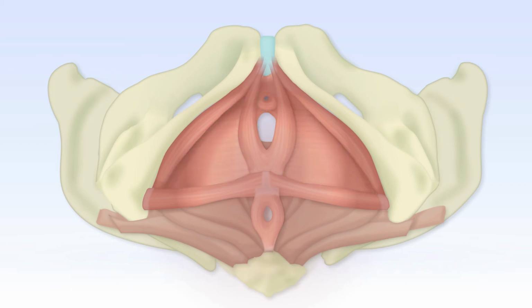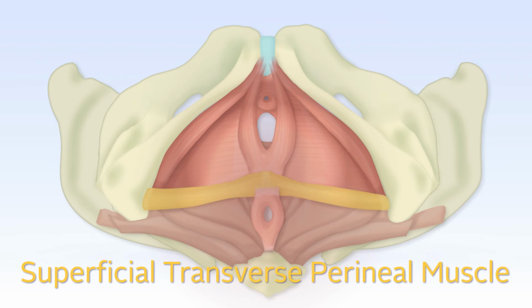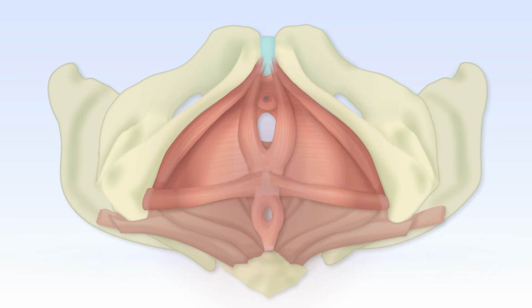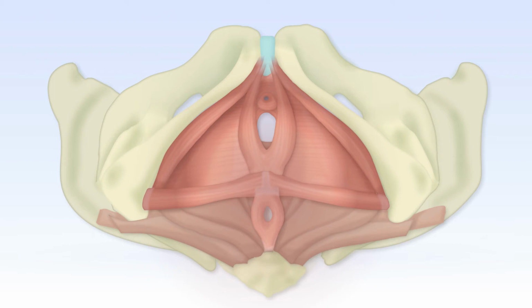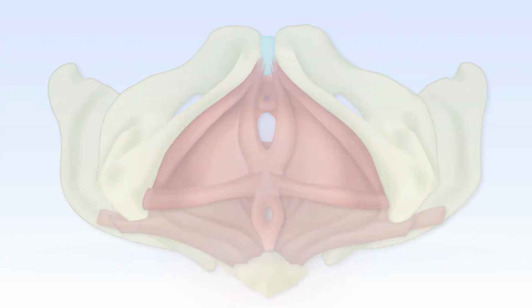A major part of this layer contains connective tissue. The superficial layer consists of superficial transverse perineal muscle, external anal sphincter contributing to anal closure, bulbospongiosus and ischiocavernosus, both playing an important role in female and male sexuality.